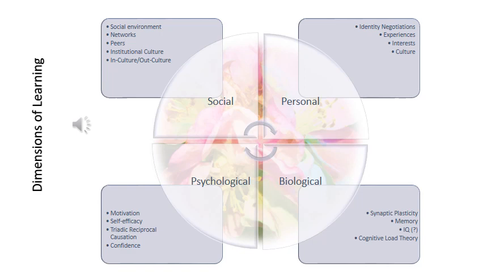So the 4 dimensions I would like to introduce to you are social, personal, psychological, and biological. To each of these dimensions, there are different concepts, models, theories related. Quite often you will also find an overlap between the different dimensions and very often also between the different theories.